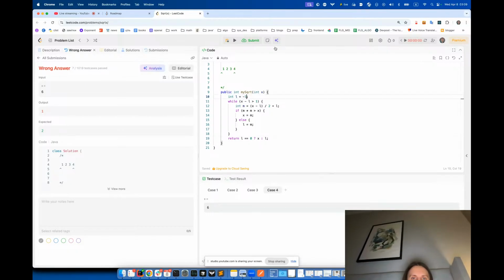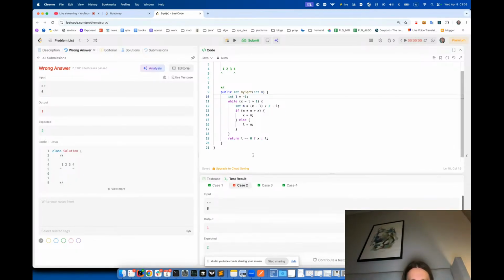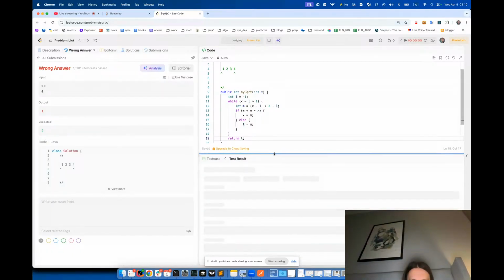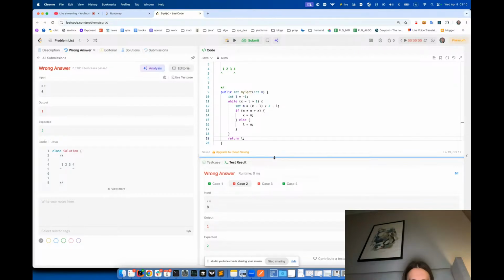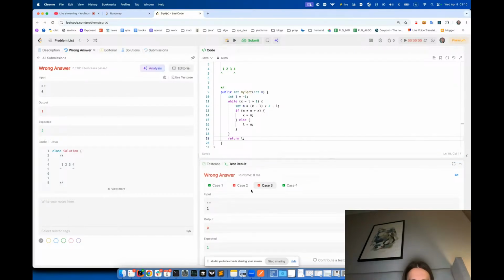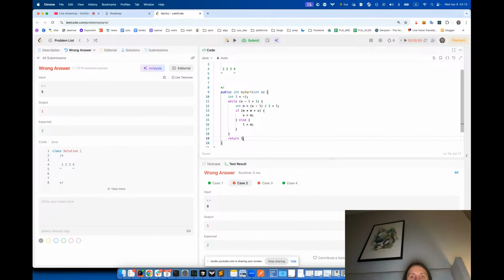What if we have -1? Okay, so I need to check somewhere here.